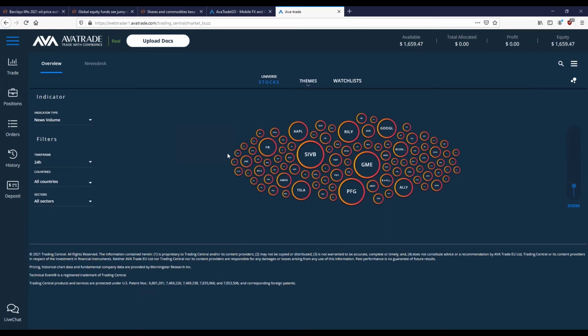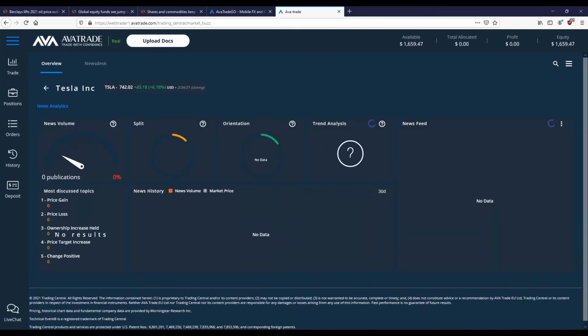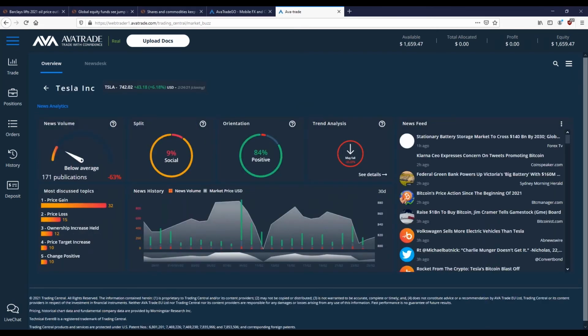And many times I see Apple, Facebook, GM, Google are some of the most trending ones. Here's Tesla. Okay, boy, maybe Tesla is something you could be interested in. I don't know if you understand the connection with Bitcoin, but Elon Musk talked about, you know, investing a certain large amount of funds in Bitcoin, and that helped drive Bitcoin up.